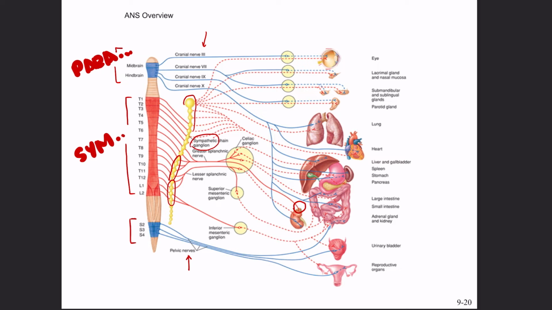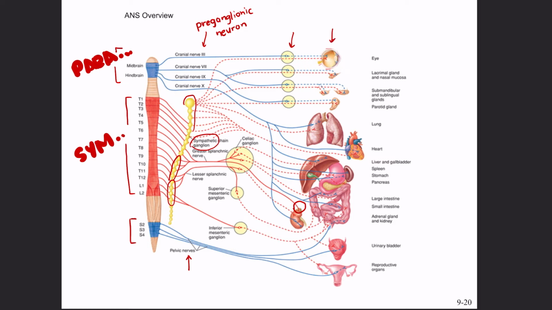But with the parasympathetic, one thing to notice is that the preganglionic neuron is very long. So they have really long axons and they innervate really close to the target organ.